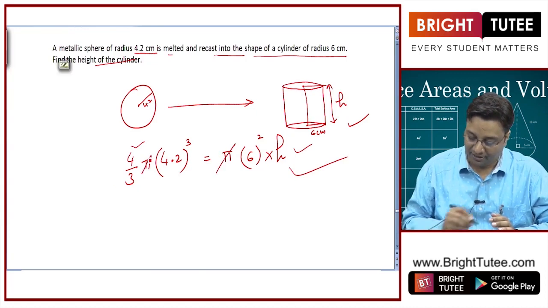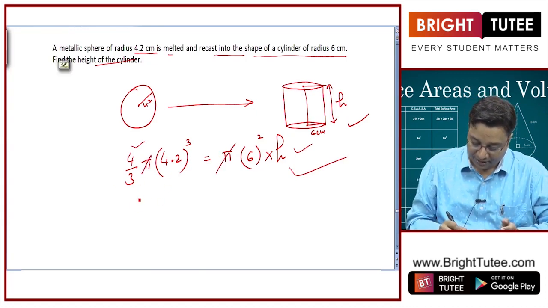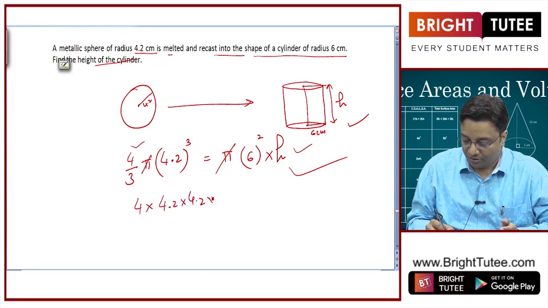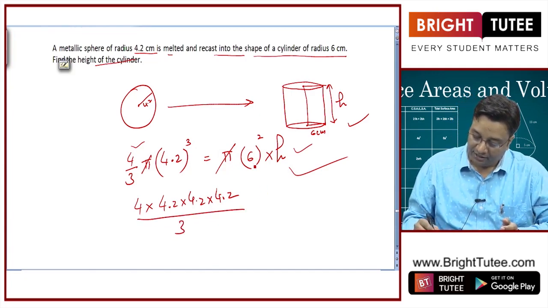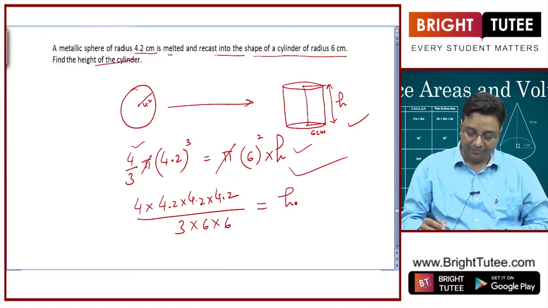So pi can be cancelled, and this can be written as 4 into 4.2 into 4.2 into 4.2 divided by 3, and this 6 square can be written here. So it is equal to h, right?